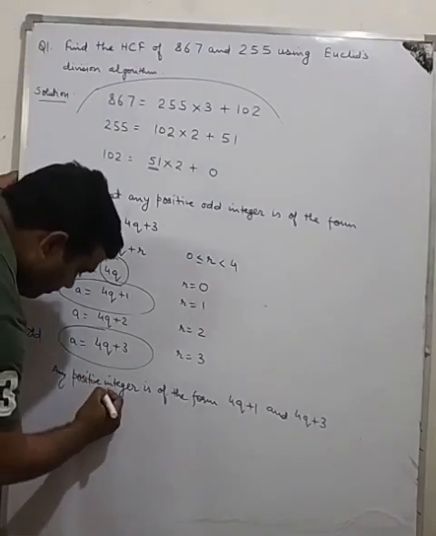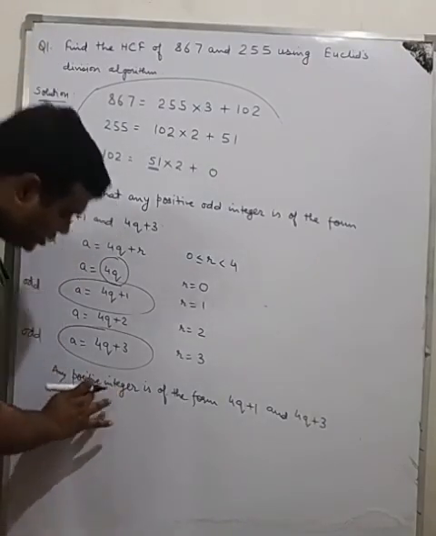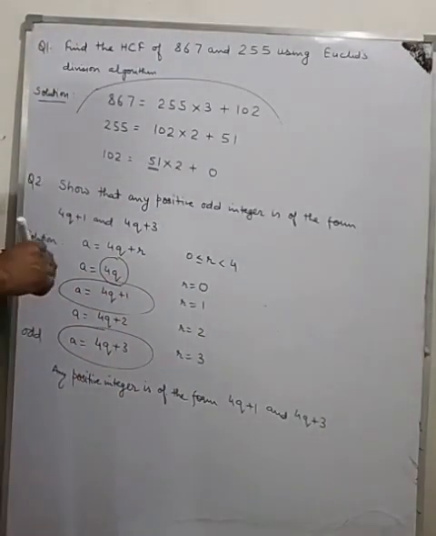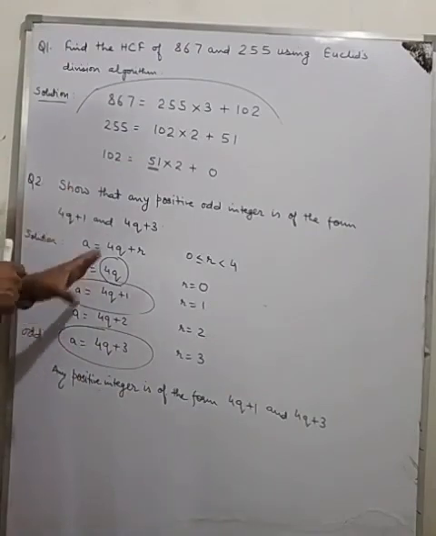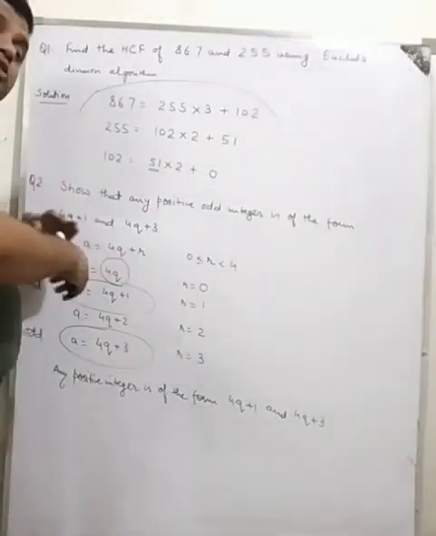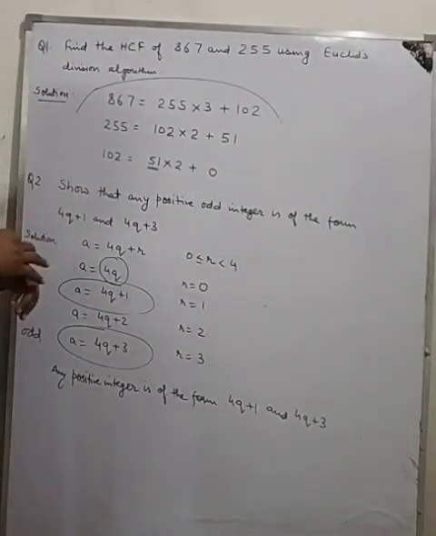Any positive odd integer is of the form 4q plus 1 or 4q plus 3. This will help you for solving some other similar type of questions.